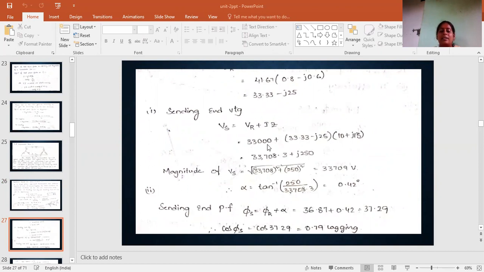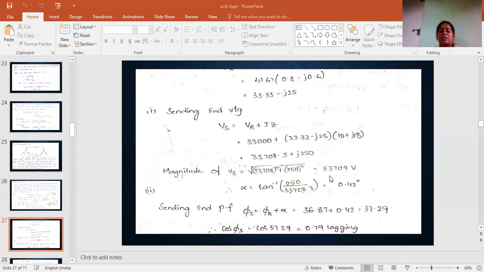Then we get 33,708.3 plus j250. This is the value of Vs in vector form, and the magnitude of Vs equals the square root of the real part square plus the imaginary part square.